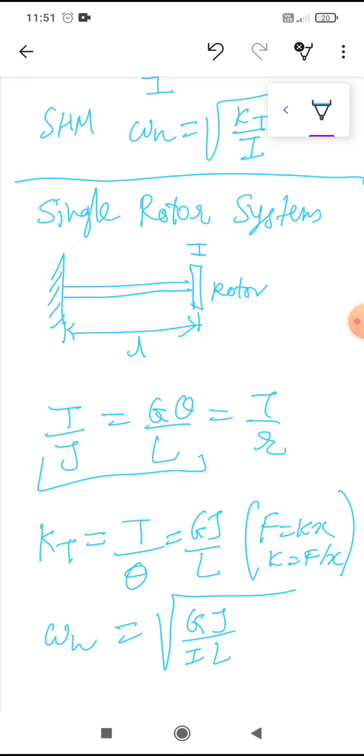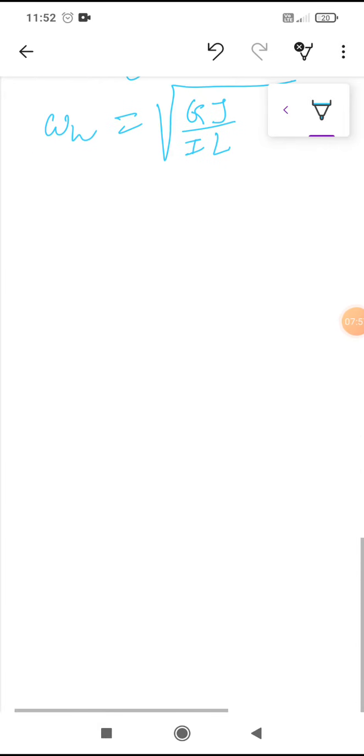Now we will see for two rotor system and also then for three rotor system. So let's see for two rotor system.